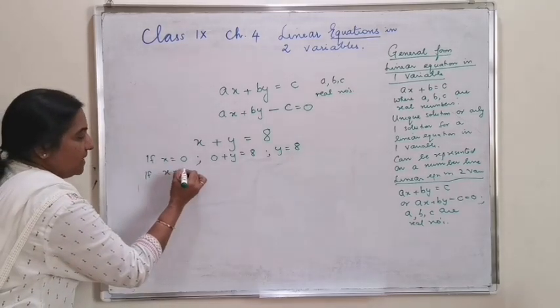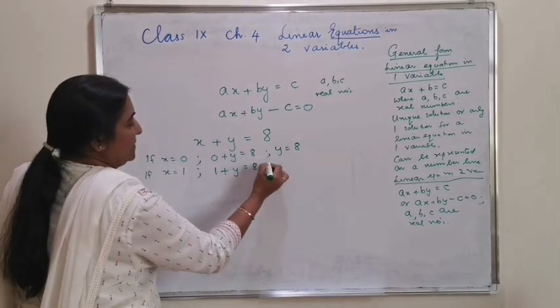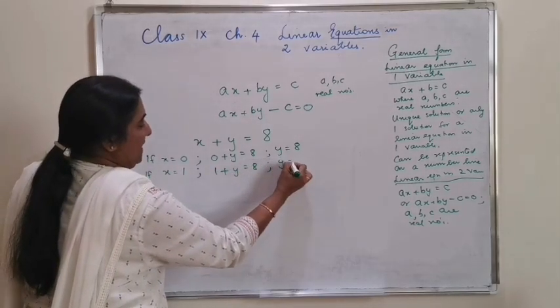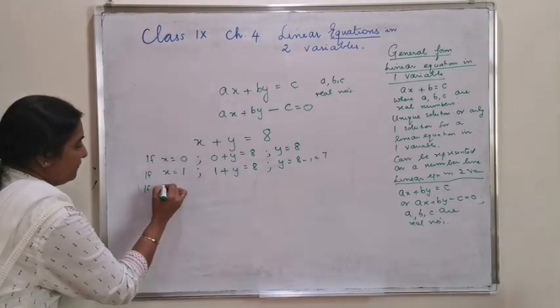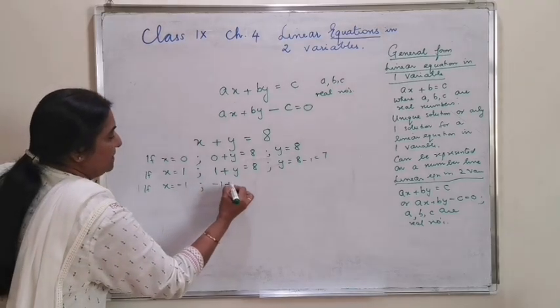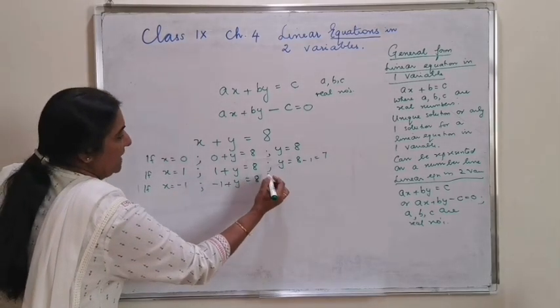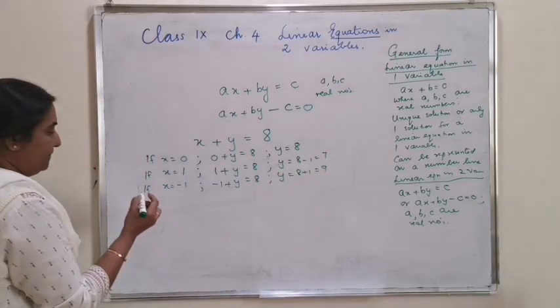If x is equal to 1, 1 plus y is equal to 8, so y is equal to 8 minus 1, which is 7. If x is equal to minus 1, minus 1 plus y is equal to 8, so y is equal to 8 plus 1, which is 9.